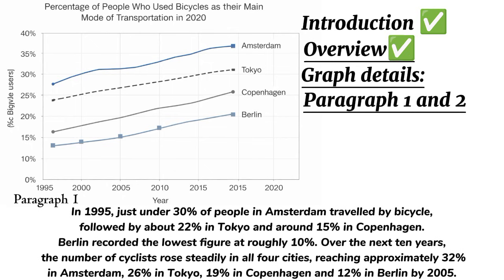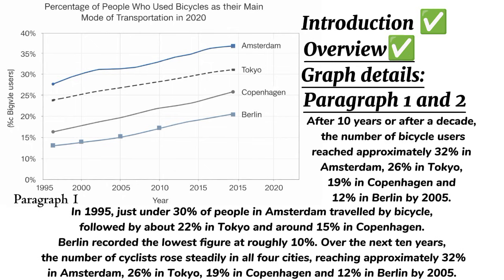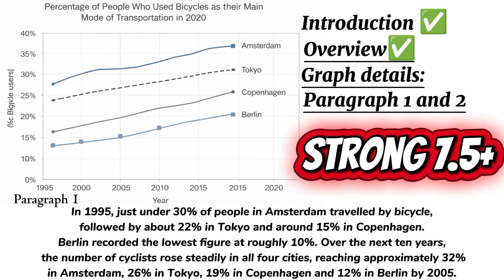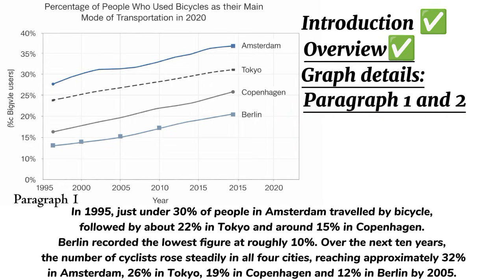Instead of this sentence, you can also write after 10 years or after a decade, the number of bicycle users reached approximately 32% in Amsterdam, 26% in Tokyo, 19% in Copenhagen, and 12% in Berlin by 2005. These two sentences are also non-repetitive, contain enough data and are complex. Up to now, our line graph can really score 7.5 plus band, which is really good for the writing section.